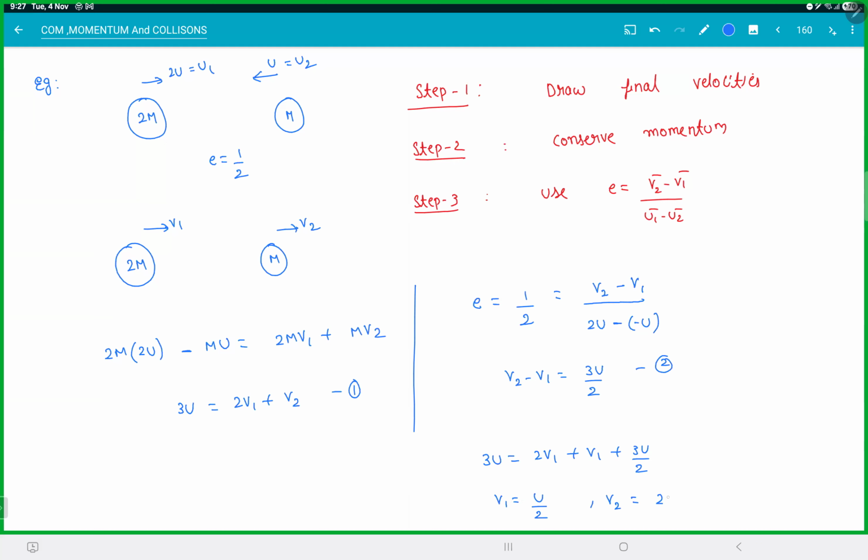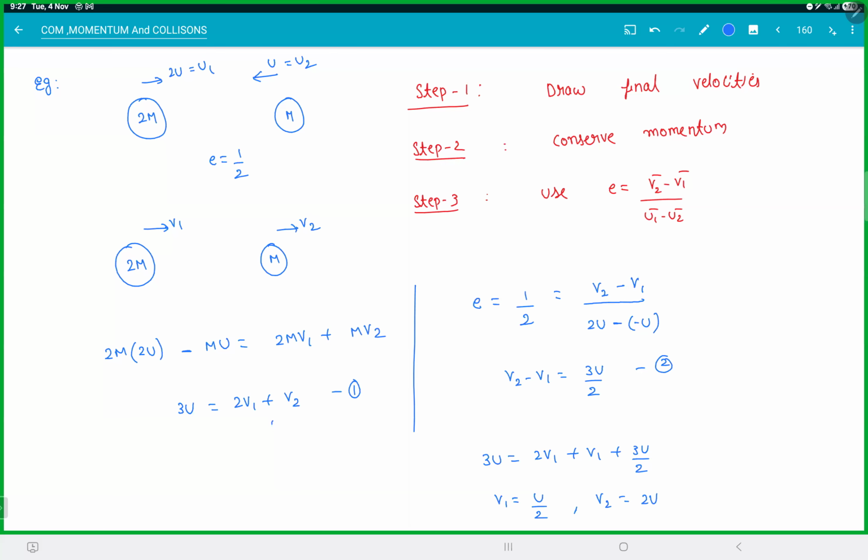And v2 will become 2u. That's your final answer. After the collision, the 2m ball will go with u by 2 and the m ball will go with double the speed.